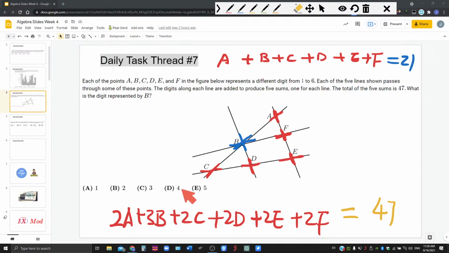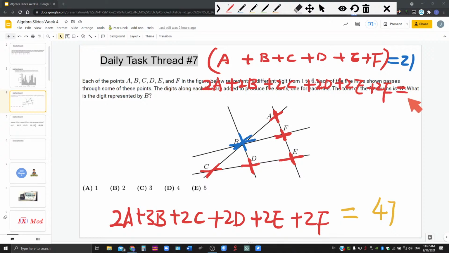So actually, the bottom one has twice of this many, but you have one more B. So if we do twice of this many, just double everything on the left side, you have 2A plus 2B plus 2C plus 2D plus 2E plus 2F.